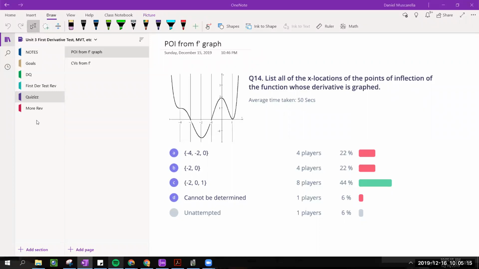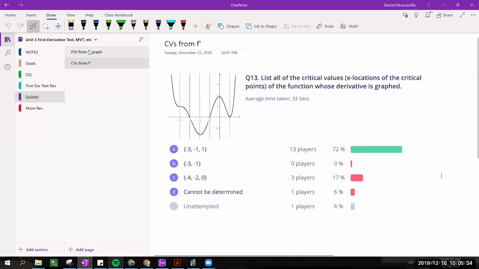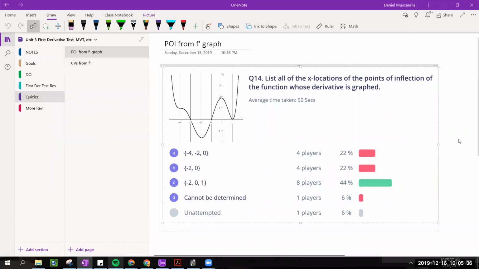Point of inflection, probably. All right, cool. So with points of inflection, is it finding them or looking at them from a graph? Probably just finding them. I'm on the quizzes. I got some of them right with the graph, but the math of actually trying to find them, I was a little confused on. All right, cool. If you have the graph, this is where you have to be really careful. This is one of the ones from the quizzes.